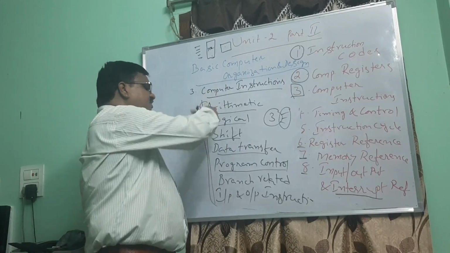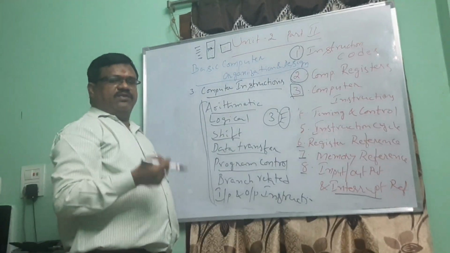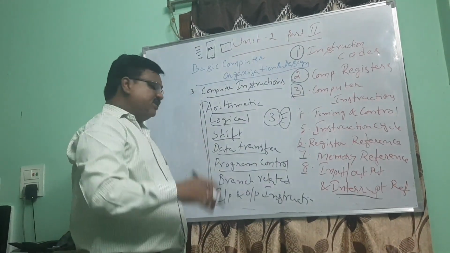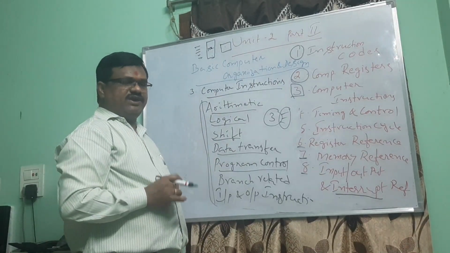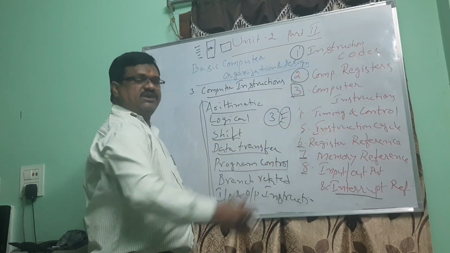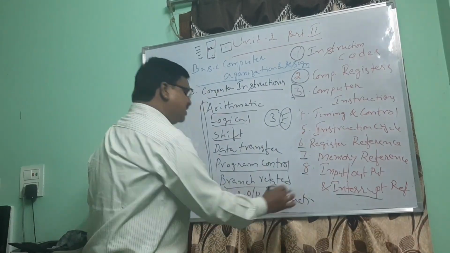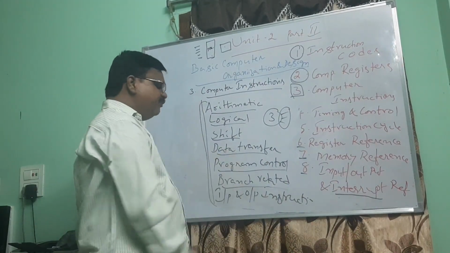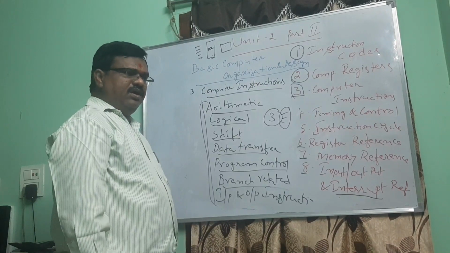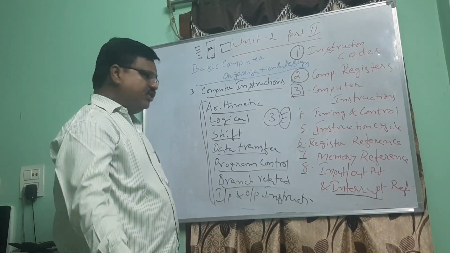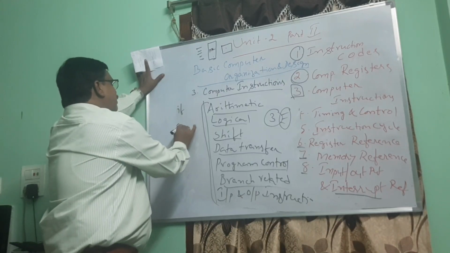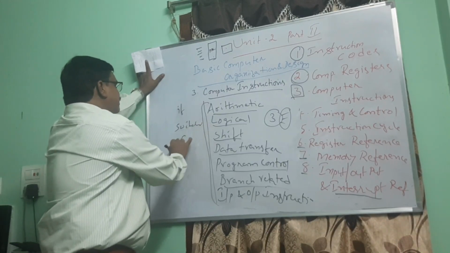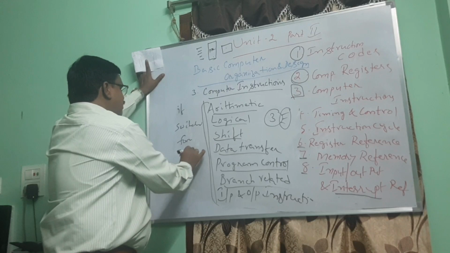So to perform all these operations, we need a unit that is going to control the entire system. For that purpose also, we need certain instructions which are called program control instructions, then branch related instructions. You might have already executed these branch related instructions in C programming with the help of if, switch, for, while.